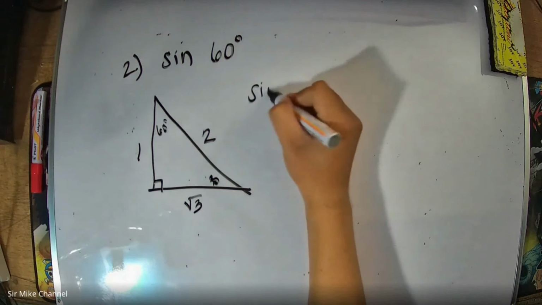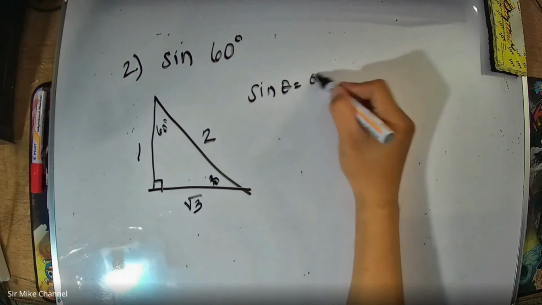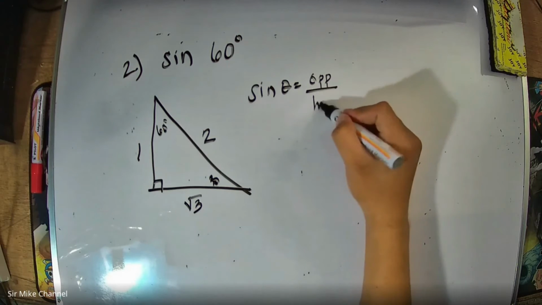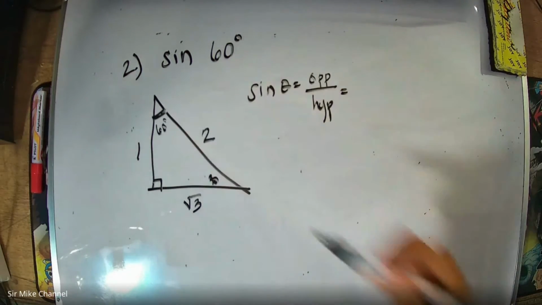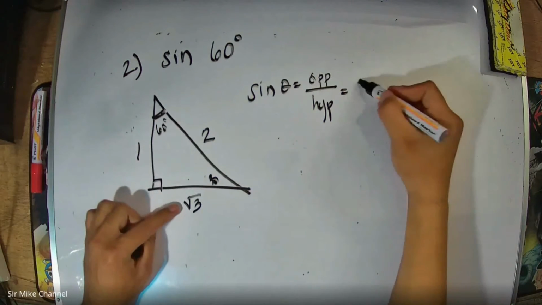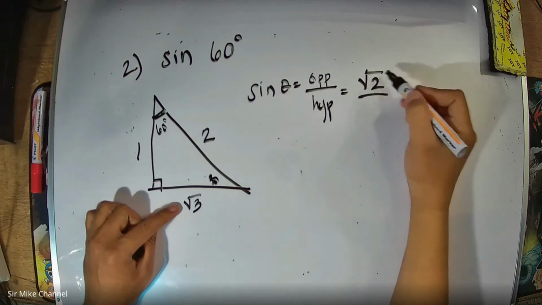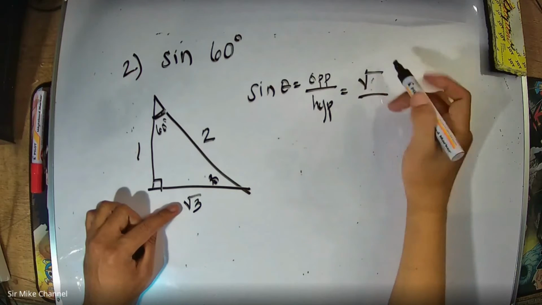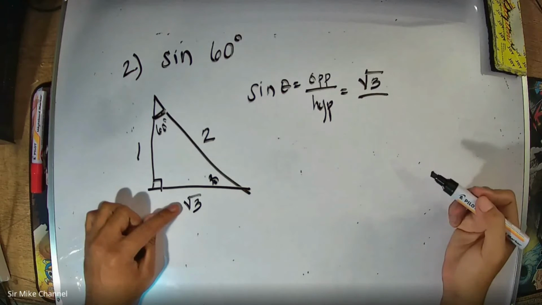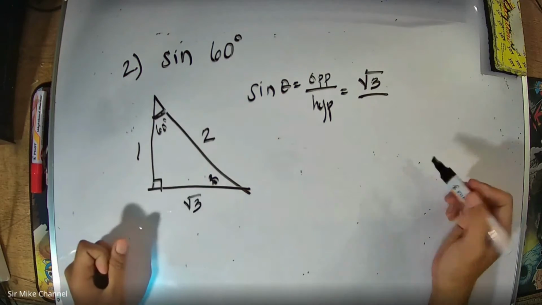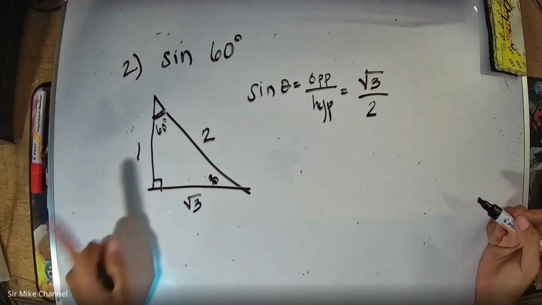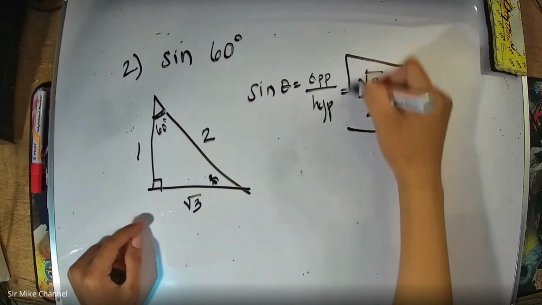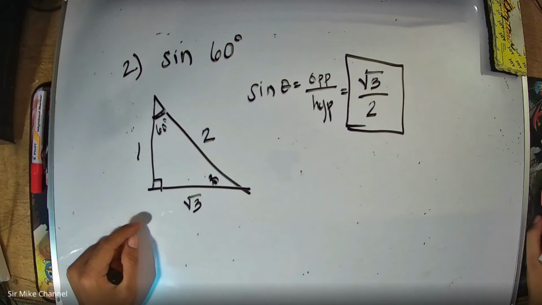So, ang formula ng sine theta natin is opposite over hypotenuse. So, ang opposite natin, ito yung 60 degrees. So, opposite natin, square root of 3, and the hypotenuse ay 2. So, wala na tayong masisimplify. So, ang sine 60 natin ay square root of 3 over 2. Okay.